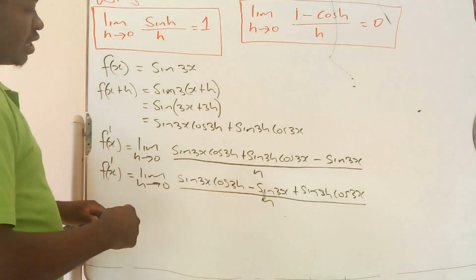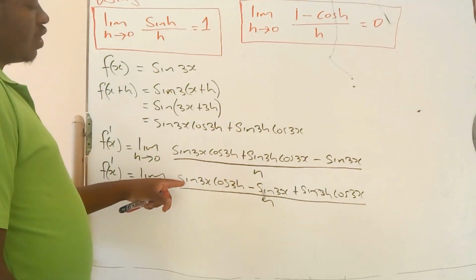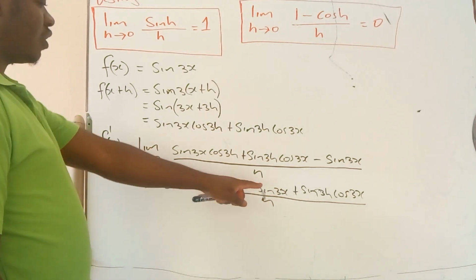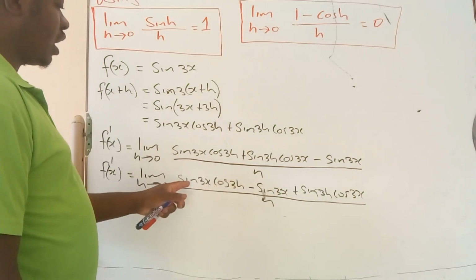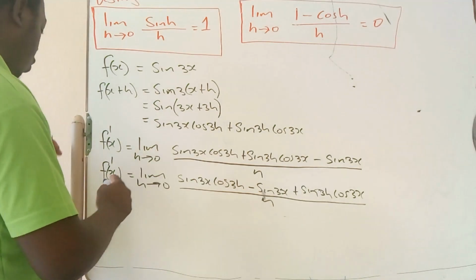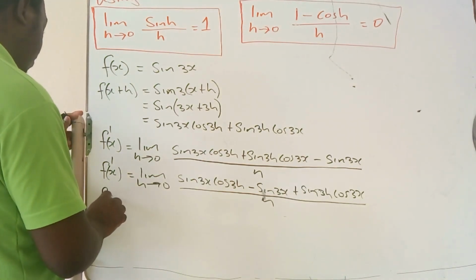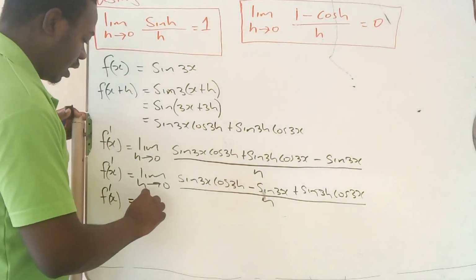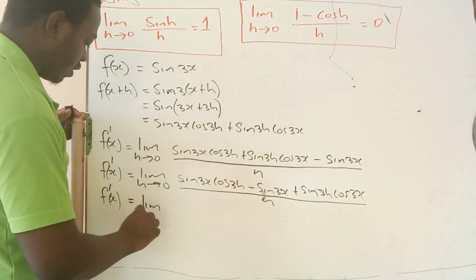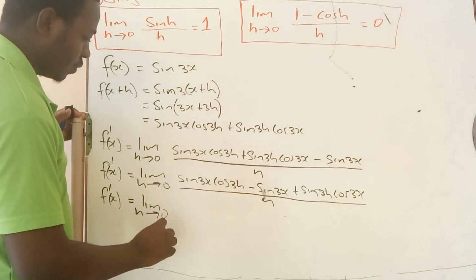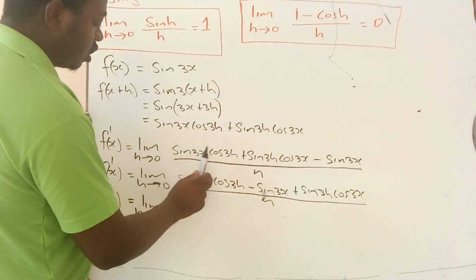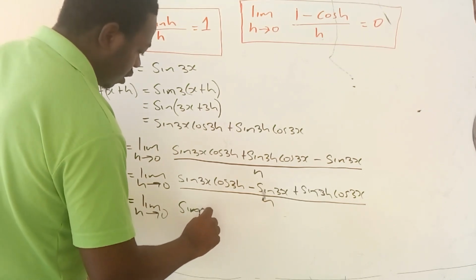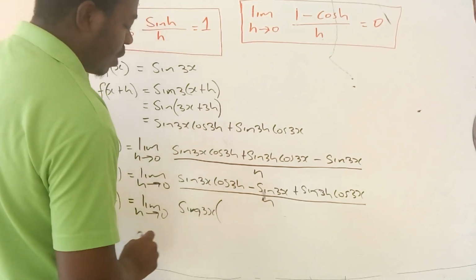By rewriting it, it is much easier to see that there is a sine 3x here and a sine 3x here. That means you can factor out sine 3x out of this term. So now we have the derivative of f of x is equal to the limit as h approaches 0. Factoring out sine 3x, you write sine 3x, open a bracket.